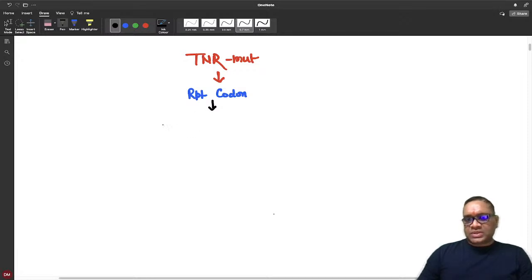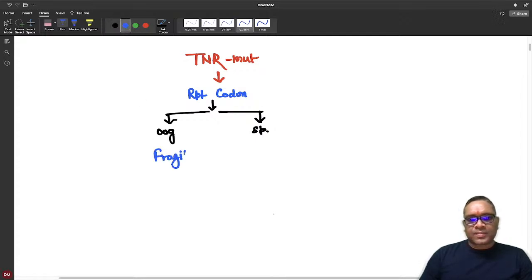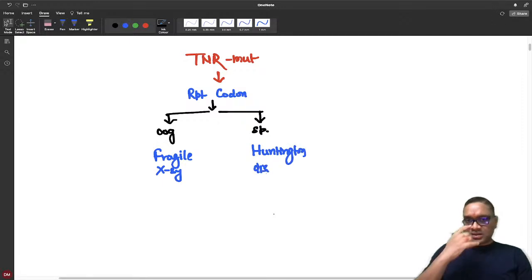This will be amplified and transmitted to the next generation by oogenesis and also via spermatogenesis. By oogenesis, the example is fragile X syndrome, and via spermatogenesis, the answer is Huntington's disease. So this is how you remember the trinucleotide repeat mutation.